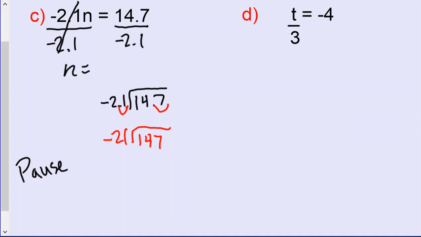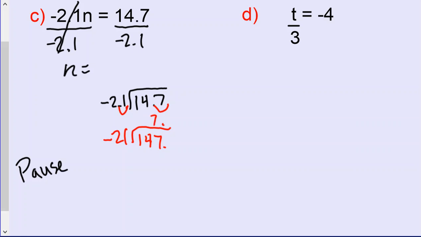So as I work through this division problem, I'm thinking to myself, first, how many times does 21 go into 147? And that's a little bit of a big number, so I'm going to start by saying, how many times does 2 go into 14? And that would be 7 times. So I'm going to try 7. So 7 would go up here.